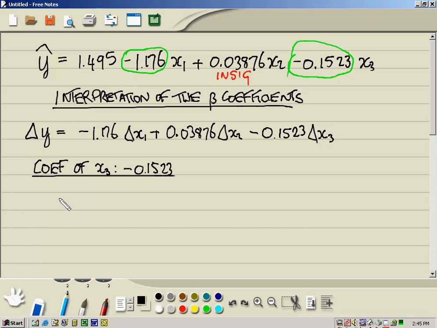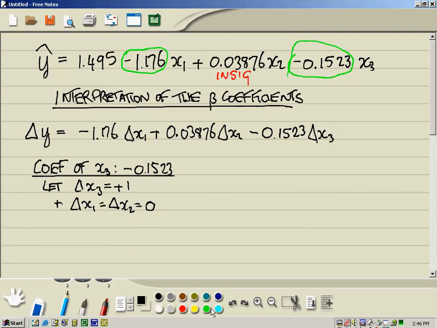So mechanically what we're going to do first is to break out the negative 0.1523 from this equation. To do that, we'll have that delta x3 is plus 1, and delta x1 and delta x2 are both zeros.